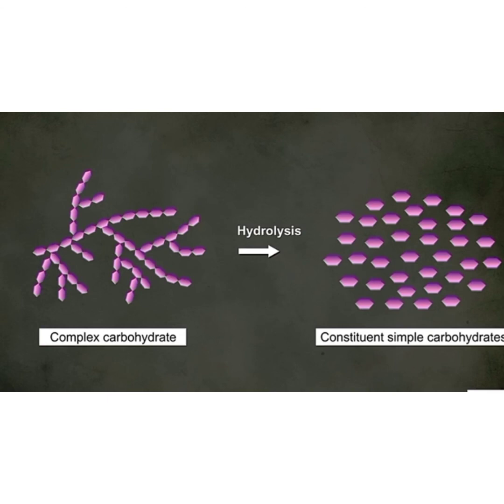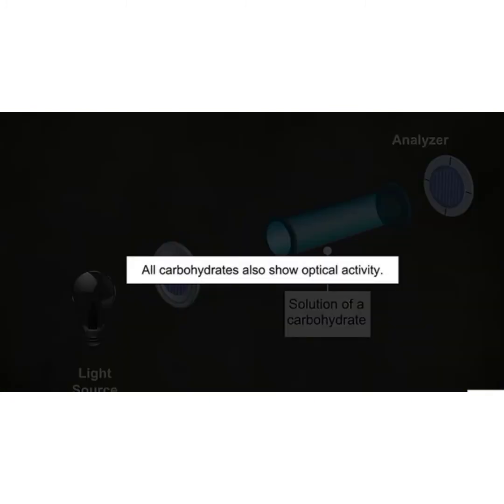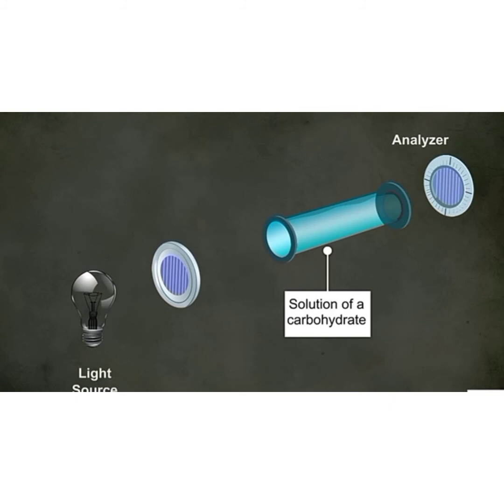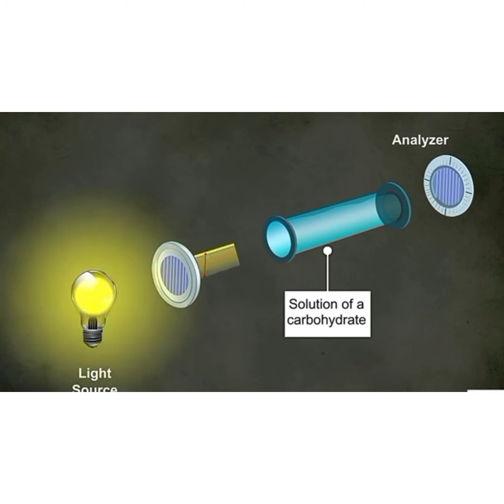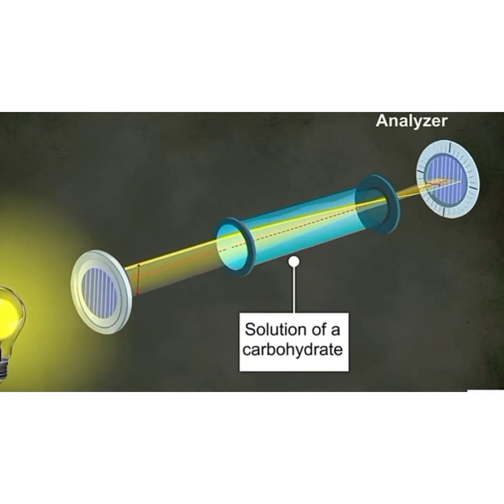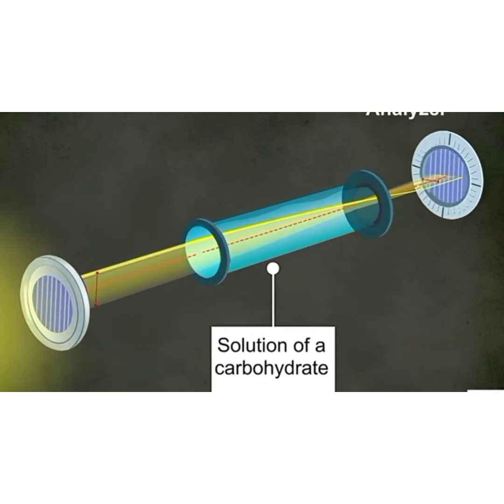Now, other than the similarity in their structure, carbohydrates also show optical activity. Optical activity means that when a plane polarized light passes through the solution of a carbohydrate, the plane of light rotates through a certain angle.